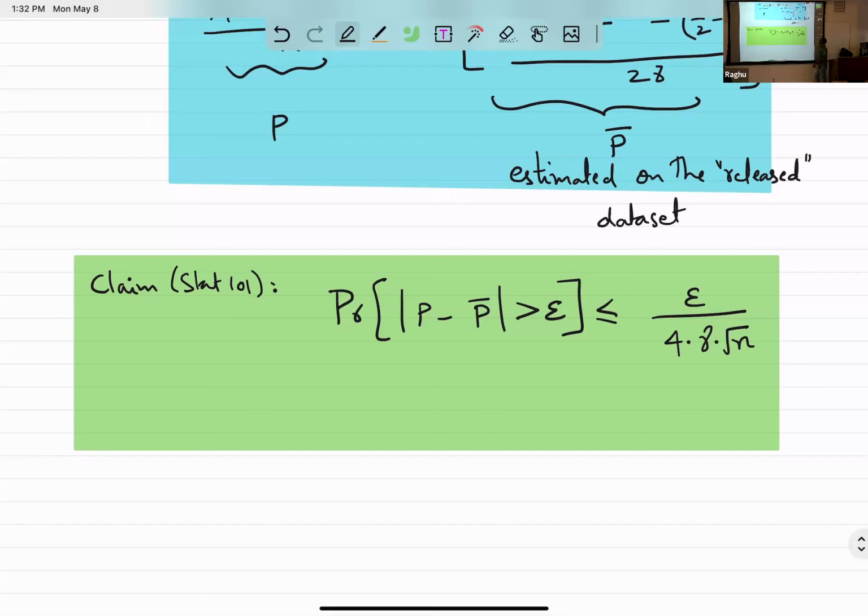So the chance that the gap between my estimate and the true value is more than epsilon is something like this. You can prove this by computing the variance of P minus P bar, and applying Chebyshev's inequality, you get something like that. But let's just take it for granted. We're going to do different things soon, so I just want to give a ballpark estimate of what's happening.